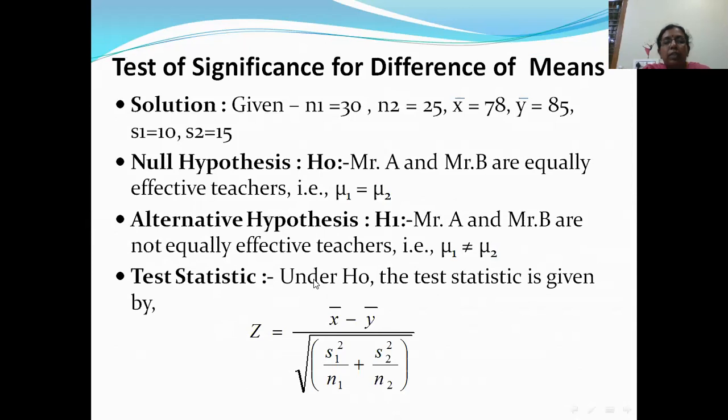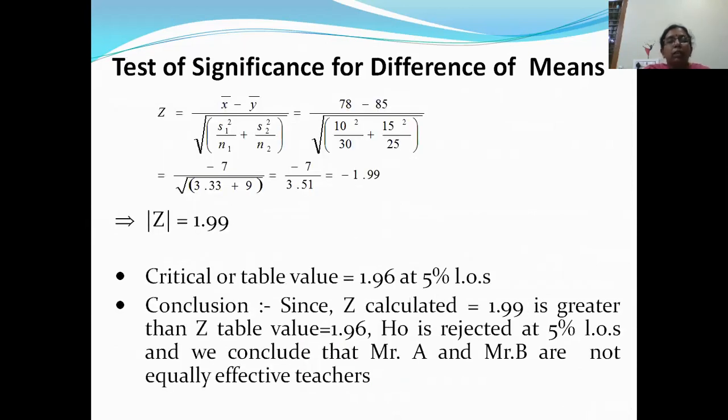Now test statistic, next step is to write the test statistic. Under H0, the test statistic is given by Z equal to X bar minus Y bar by root of S1 square by N1 plus S2 square by N2. So here we have calculated it.